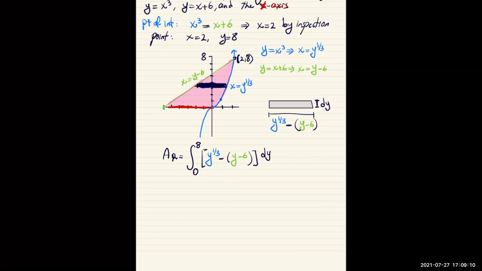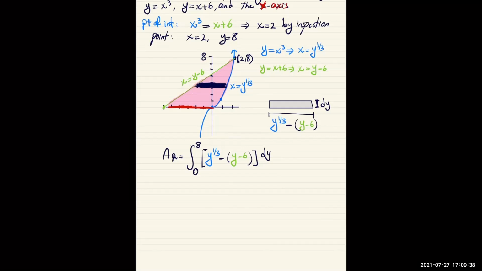When you're taking a rectangle horizontally, right is always bigger than the left, isn't it? On the right we have the blue function, and on the left we have the green function, right? So it's going to be like that always. What's on the right is going to be bigger.